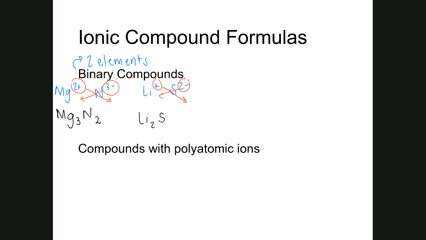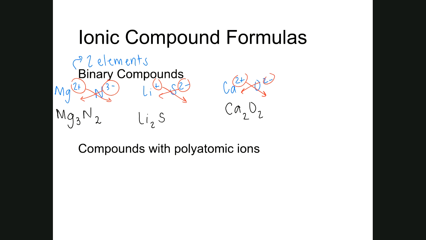What about if we have two ions that have the same charge but opposite in sign? So for instance, what about calcium and oxygen? So calcium, we know, is a 2+ charge. Oxygen is a 2- charge. So we take these charges and ideally we would bring them down, and so we would think that our answer is Ca2O2.